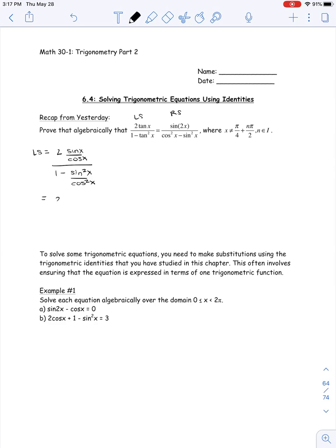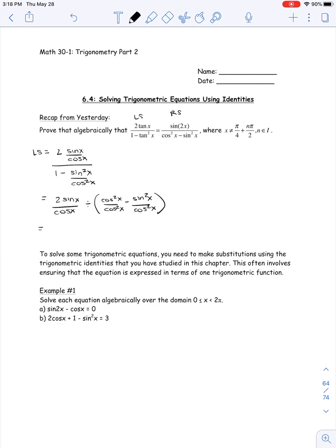The top I can't really do anything with, but I am going to get common denominators with the bottom, so I'm going to divide by, in brackets, 1, which can be multiplied by cos squared x top and bottom. That's the same as saying 1 minus sine squared x over cos squared x.